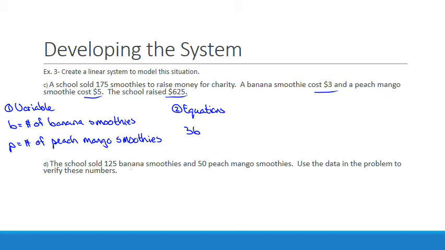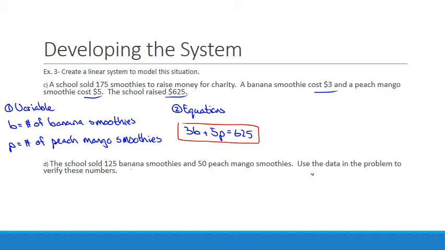It's $3 per smoothie, so it'd be 3 times B, where B means the number of banana smoothies I sold, plus 5P, because it's $5 for every peach smoothie I sell. If I add up the money I made from the banana smoothies and the peach mango smoothies, I'd get $625. So I've used all my money numbers up to create that equation.